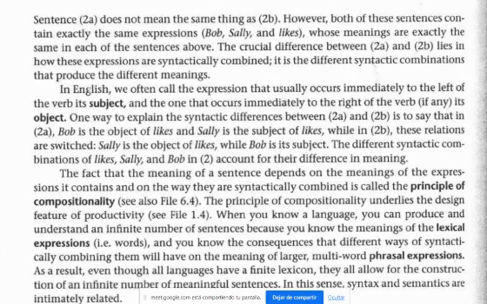One way to explain the syntactic differences between 2A and 2B is to say that in 2A, Bob is the object of likes and Sally is the subject of likes, while in 2B, those relations are switched. Sally is the object of likes, while Bob is the subject. The difference in syntactic combinations of likes, Sally, and Bob accounts for their difference in meaning.